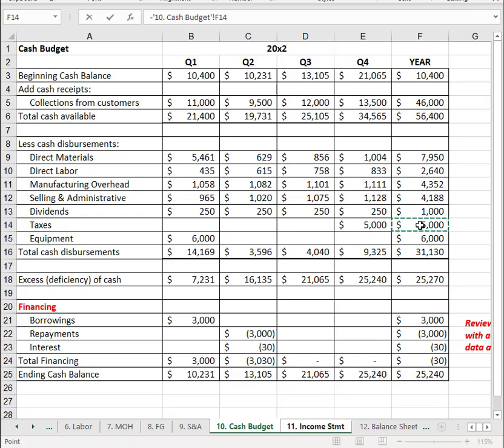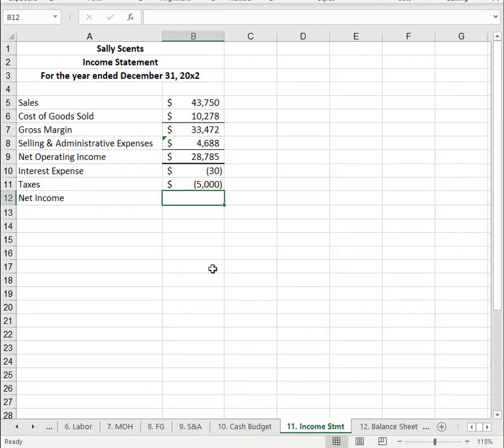And these can be reported as a positive or a negative. So here, these were minuses, and we can show this as a plus or minus. So that's up to you. You can do it either way. I think I'm going to show it as a plus because that's actually how it's reported on the formal financial statement. I know to subtract it, though, right? So there's your net income.